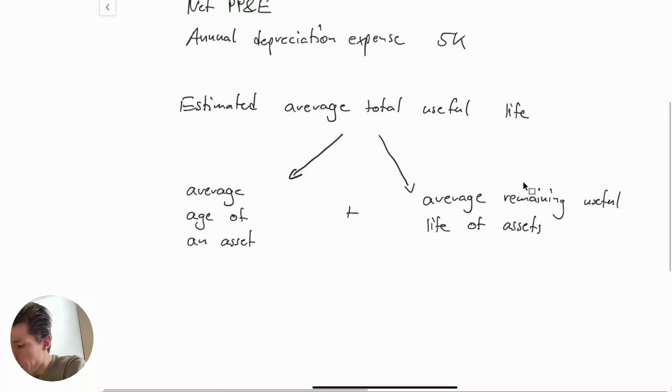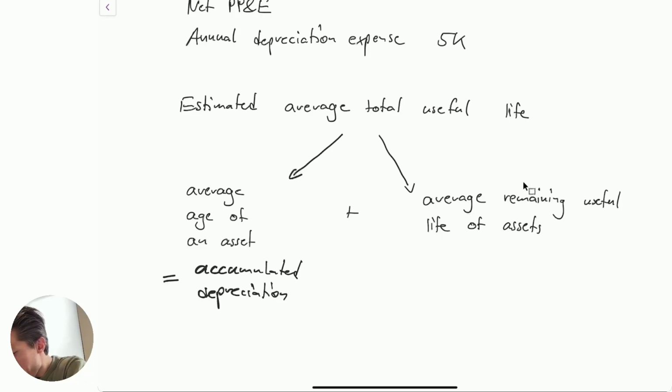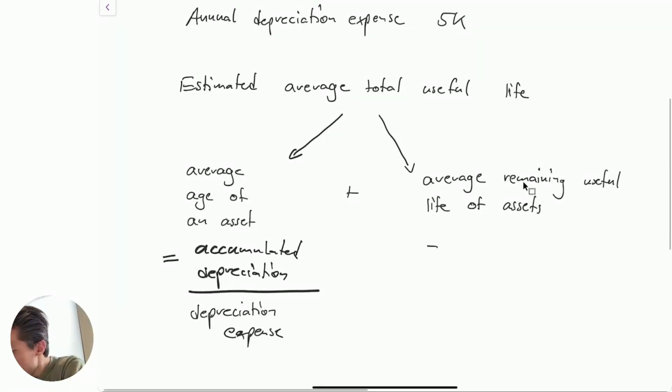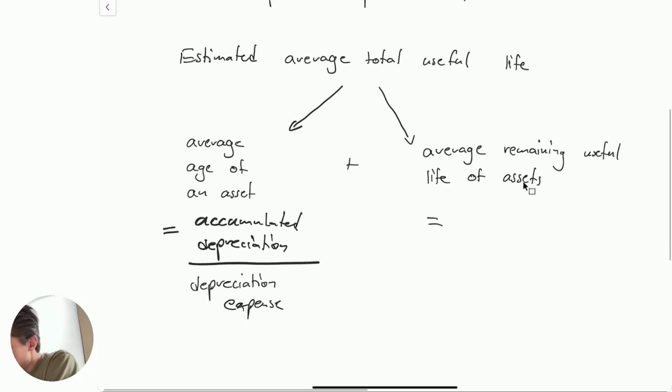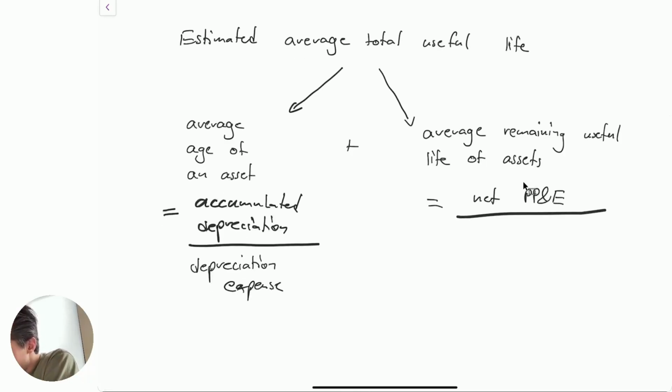And the formula is as follows: average age of an asset equals accumulated depreciation divided by the depreciation expense, and the average remaining useful life of an asset is your net PP&E, property, plant and equipment, to be found on the balance sheet, divided by your annual depreciation expense.